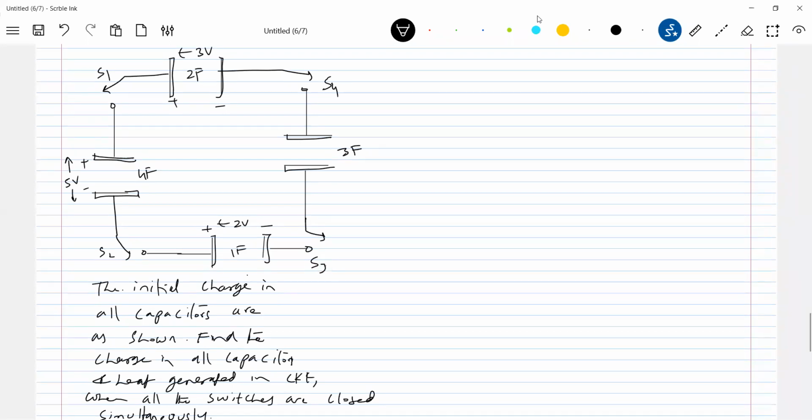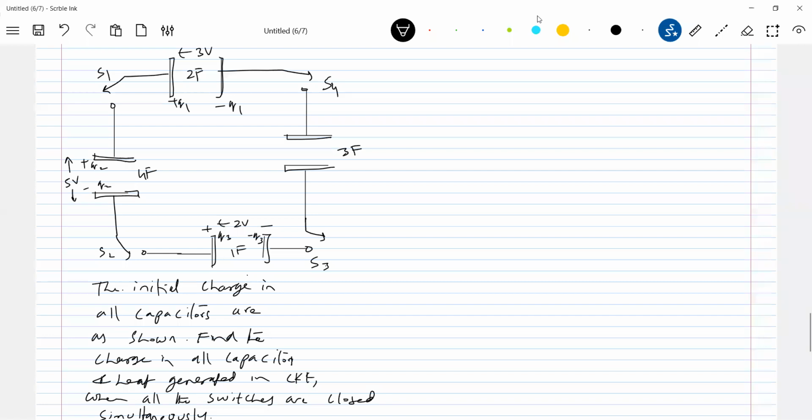Here I brought a circuit. A few are having charges, a few are not. Let's call the charges Q1 and minus Q1, Q2 and minus Q2, Q3 and minus Q3.